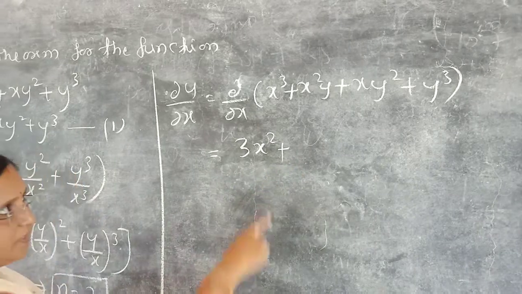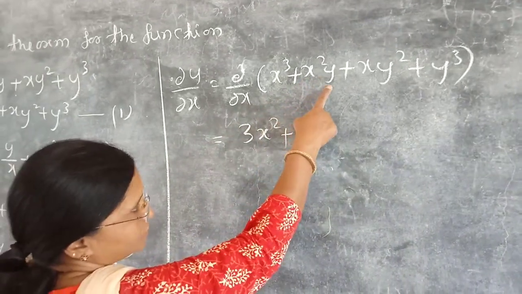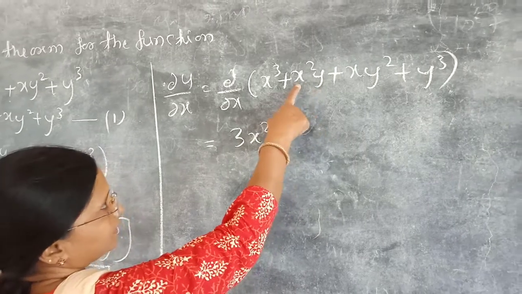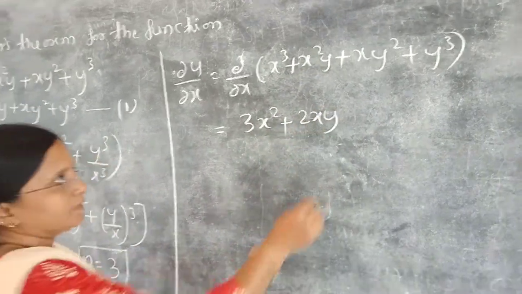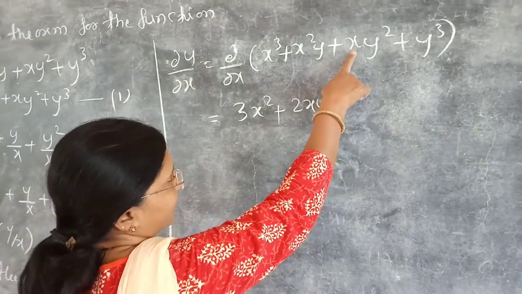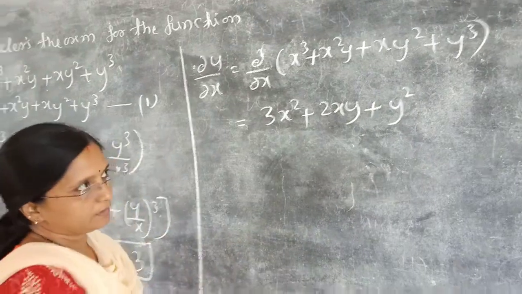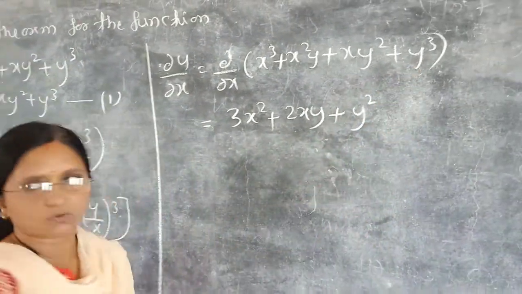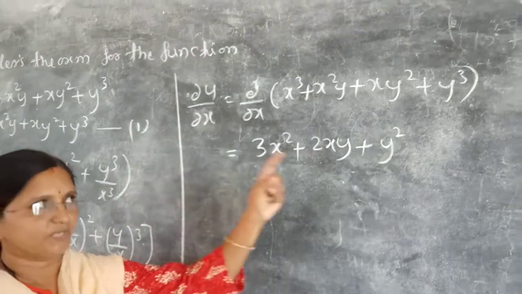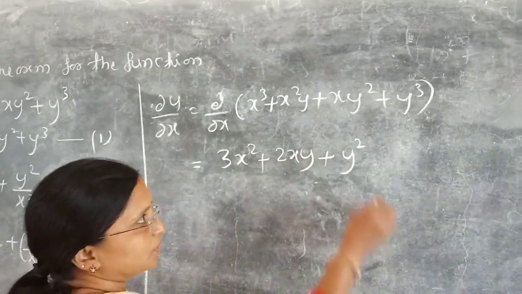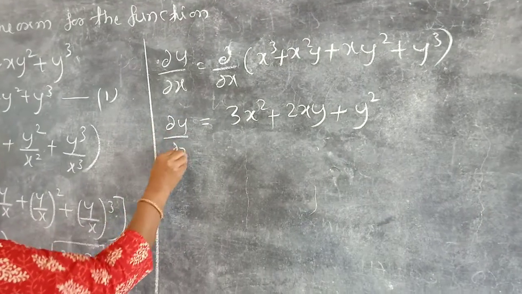Then x square y gives 2x y, with y as it is. Then xy square gives y square. And lastly, y cube is constant, so its derivative is 0, we can leave that.